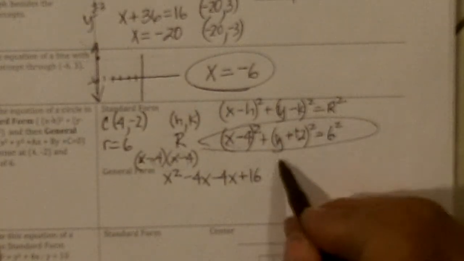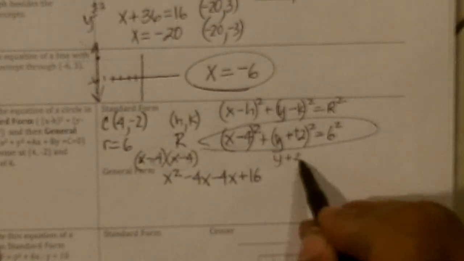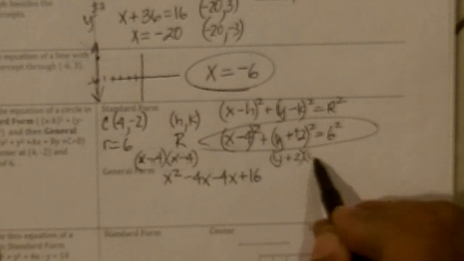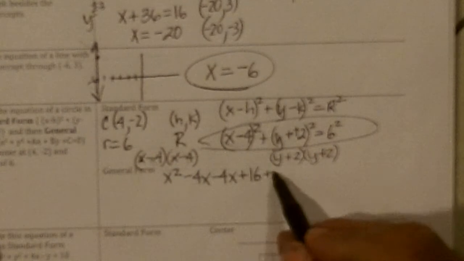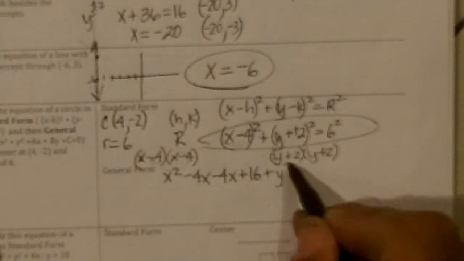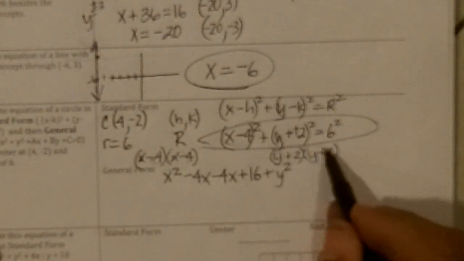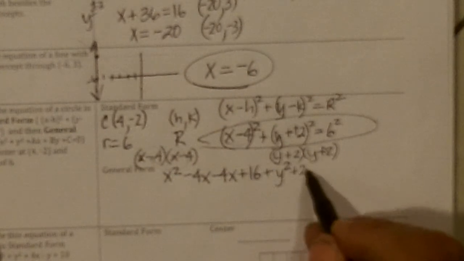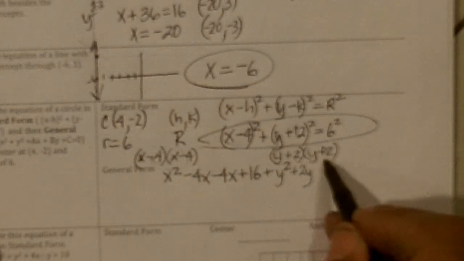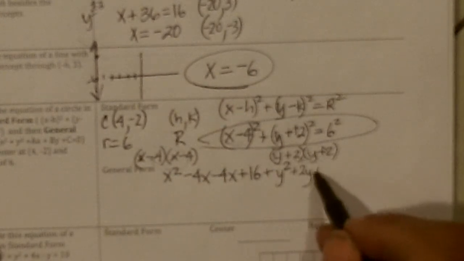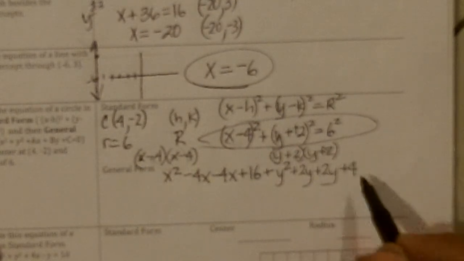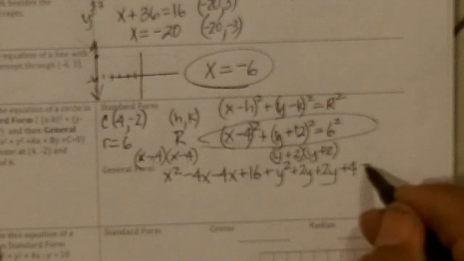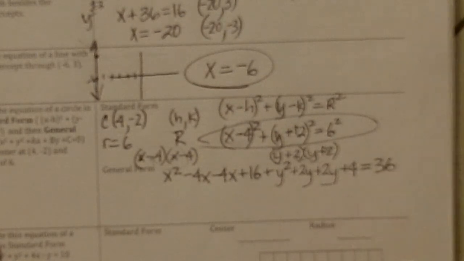Then I'm going to square the (y + 2): y squared plus 2y plus 2 more y, and 2 times 2 is plus 4, and 6 squared is 36.